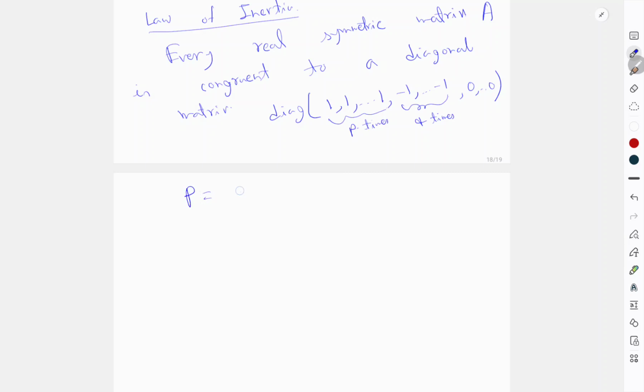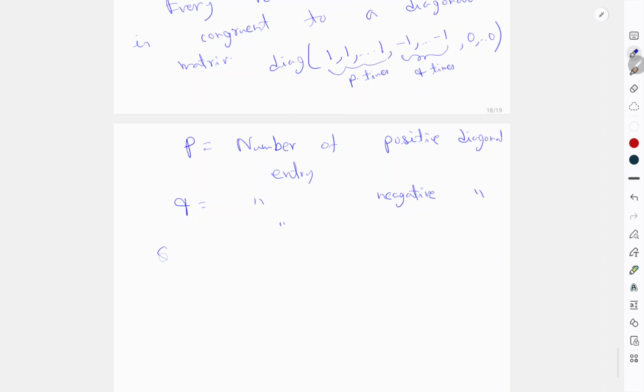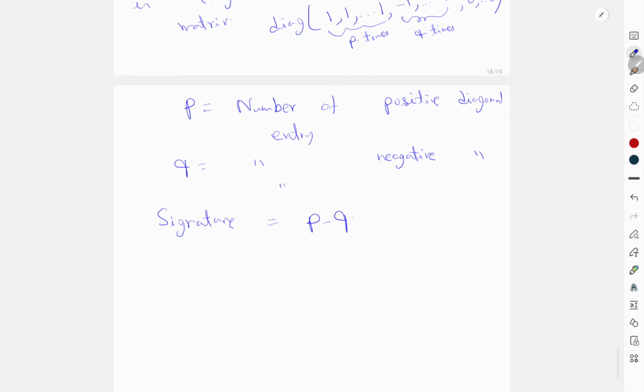So you can say P is the number of positive diagonal entries, and Q is the number of negative diagonal entries. Then the signature is defined as P minus Q, and the index is the number of negative entries, so index is Q.